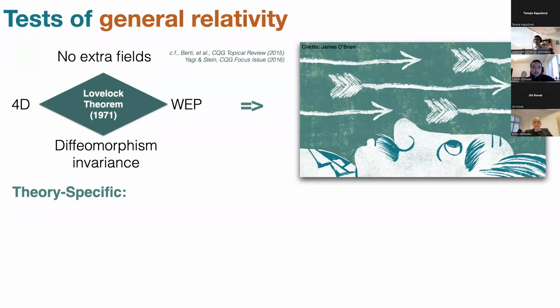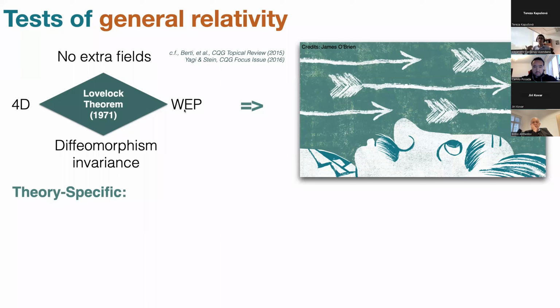There is a nice theorem by Lovelock in which you have certain assumptions, hypotheses, and then the only result is general relativity. GR is a four-dimensional theory, there are no extra fields, it has certain symmetries and respects the weak equivalence principle. The theorem says that, given these assumptions, the theory is general relativity.